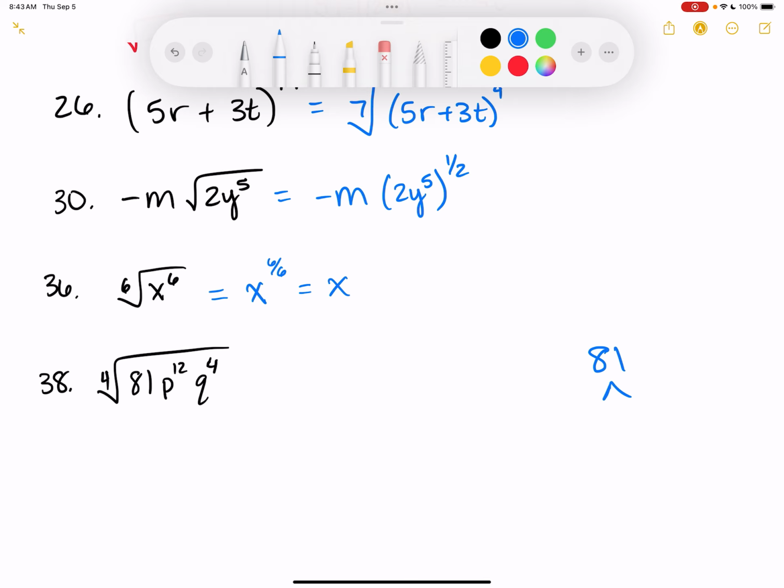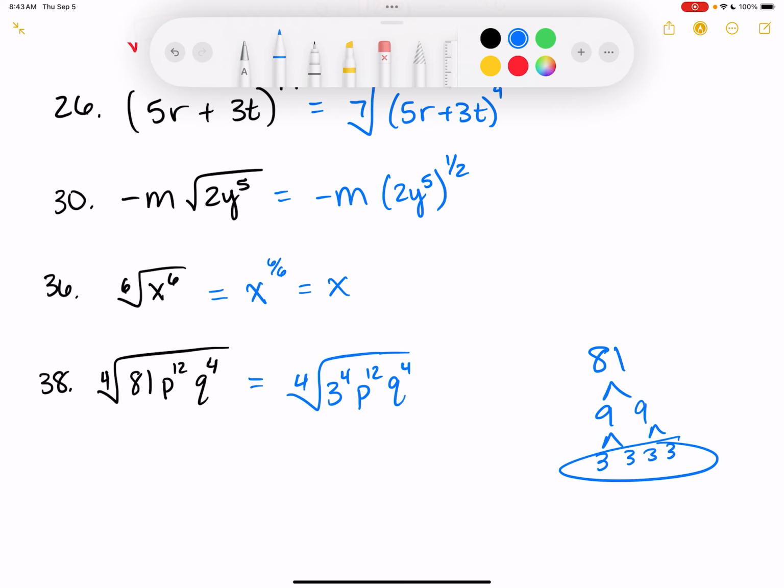What did you say? 9 and 9. And 9 breaks into? I have 4 3s. So that means that this would be the same thing as the 4th root of 3 to the 4th power, p to the 12th, q to the 4th.